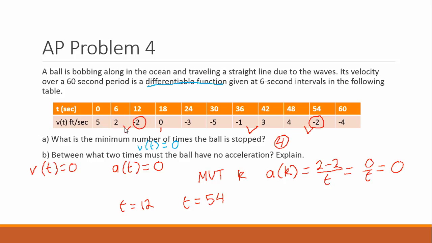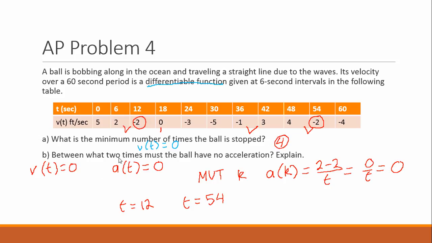Oh, well that means that we must cross 0, so that's one time. Then here we have 0, so that's another time. And between negative 1 and 3, we must pass 0. And between 4 and negative 2, we must pass 0. So if you count these up, you got 1, 2, 3, 4 times. So the minimum times the ball stopped must be 4.